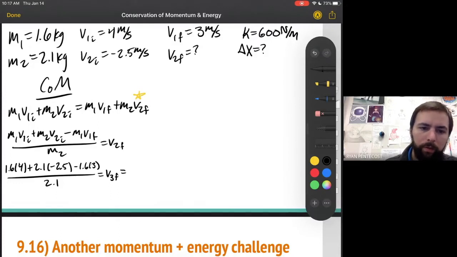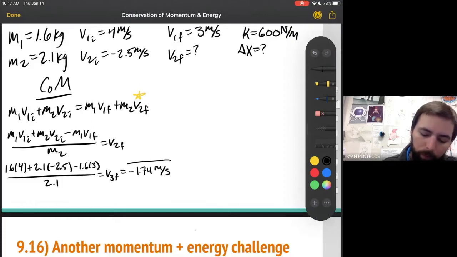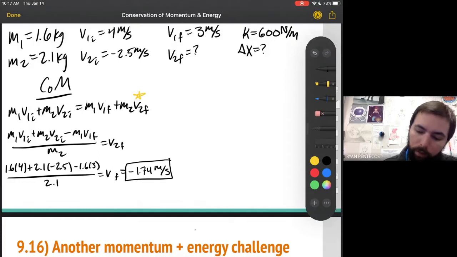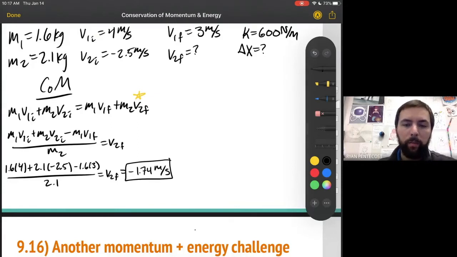When you do that math, it should come out to approximately negative 2.74 meters per second. Okay, so that is part A. I mislabeled that; it should be V2F. So the velocity of the second block after they collide, it was initially going negative 2.5, now it's going negative 2.74.